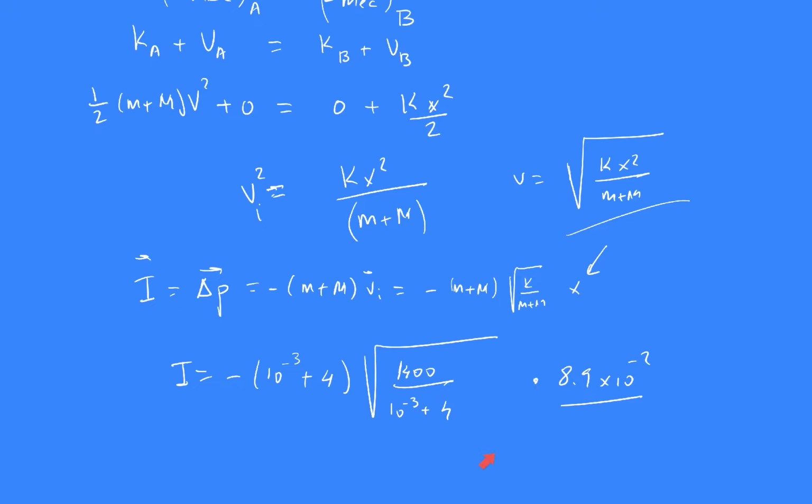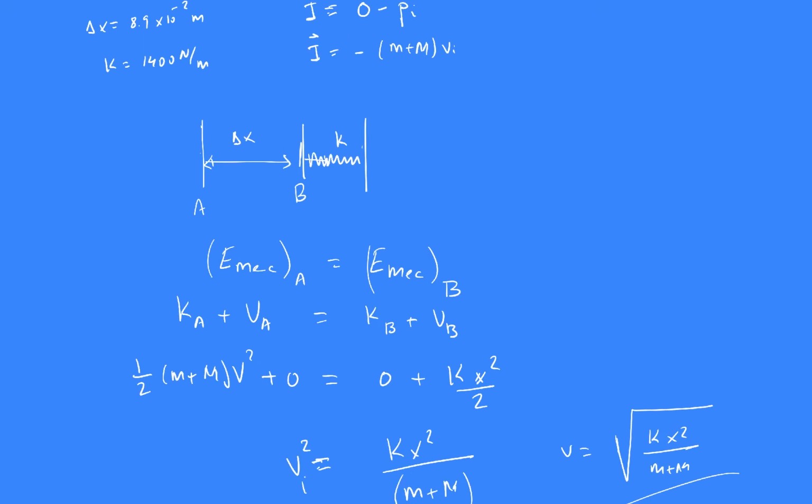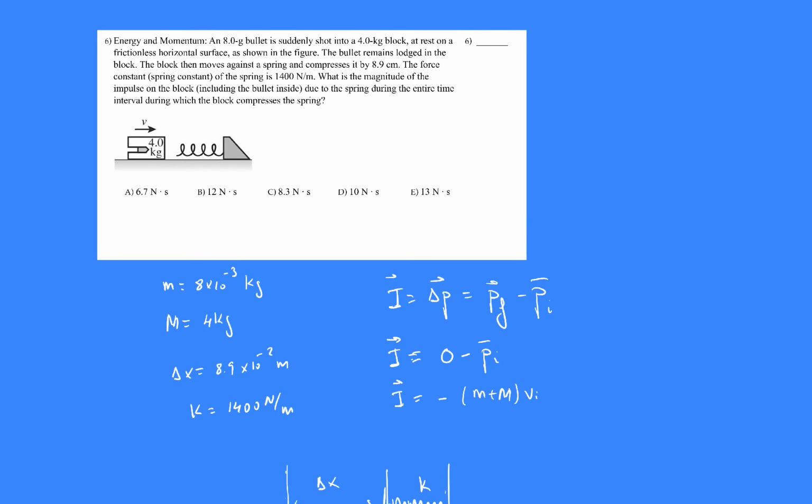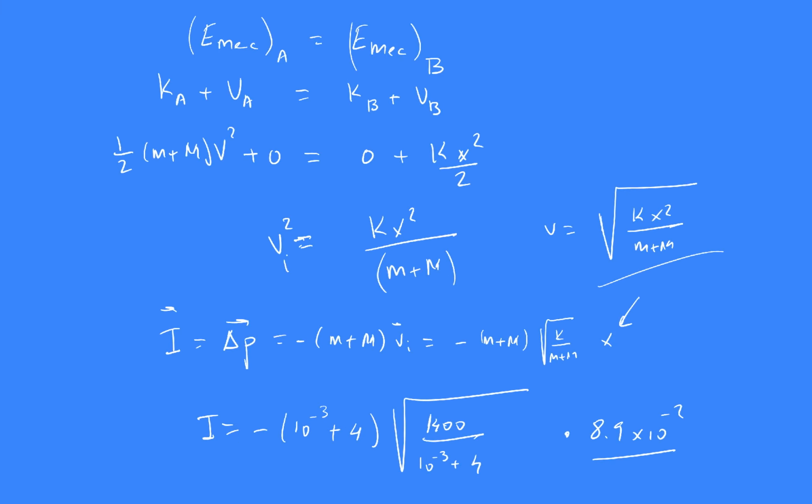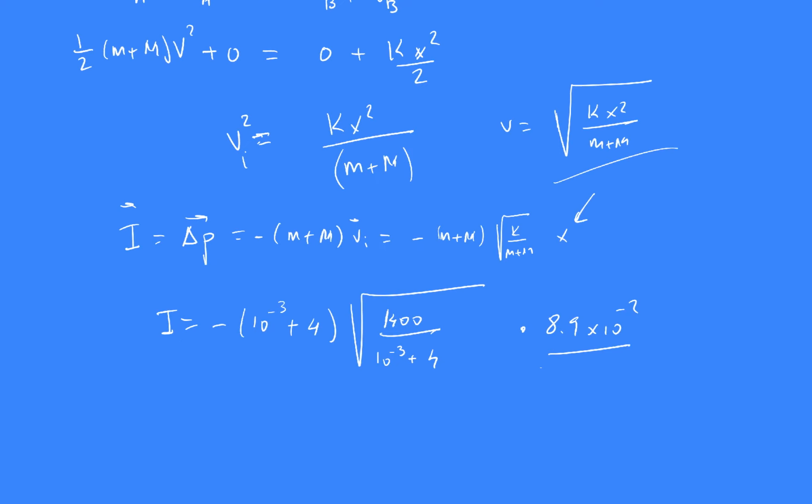If you found this, you should find one of the possible options of the problem. The impulse is in newtons per second. You should find one of these answers. Well, I don't want to make the calculation, but you do the calculations. Let me check that I didn't make any mistake.